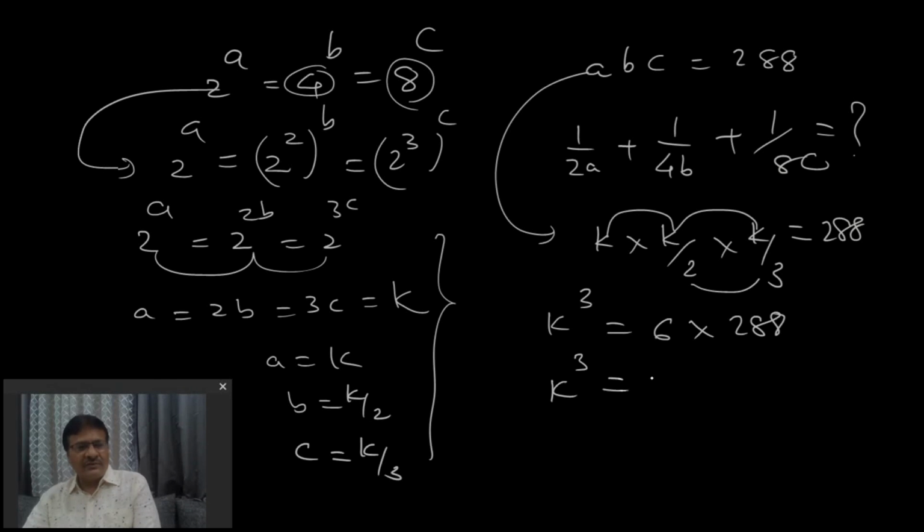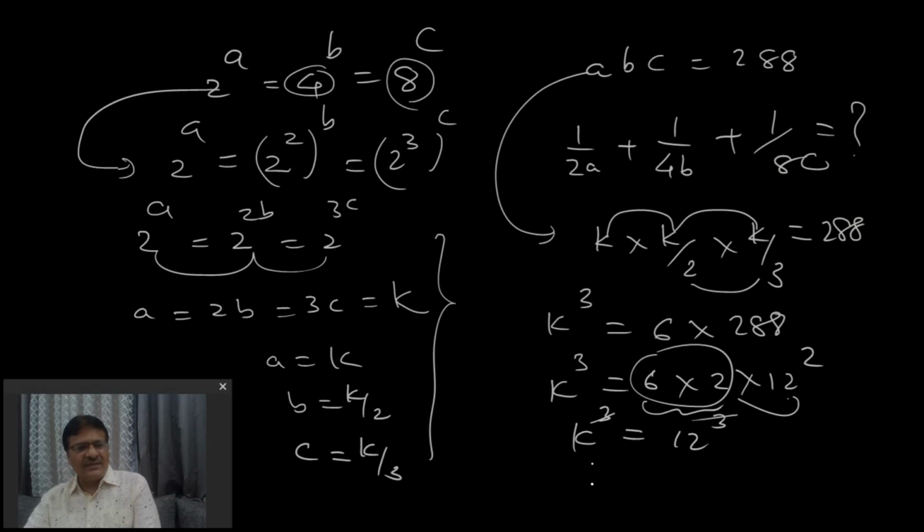So k cube equal to 6 into, can I write 2 into 12 square? 12 square is 144, 2 times is 288, 6 times 2 is 12. So k cube equal to 12 cube, and 12 square is this. Can I write 12 cube cancels, so k equal to what? 12. That's it. Now if k is 12, then a equal to 12, b equal to 12 by 2, 6, then 12 by 3, 4. 12, 6, 4.